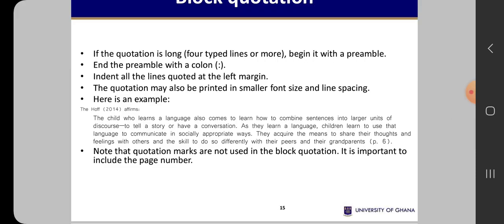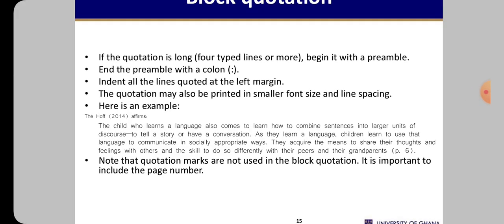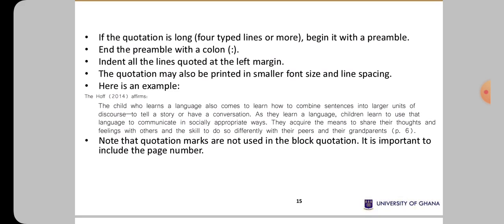So sometimes you see it is easy to identify them when you use the indent lines. And also the quotation may also be printed in smaller font size and line spaces. So that is it. And then, this is an example.